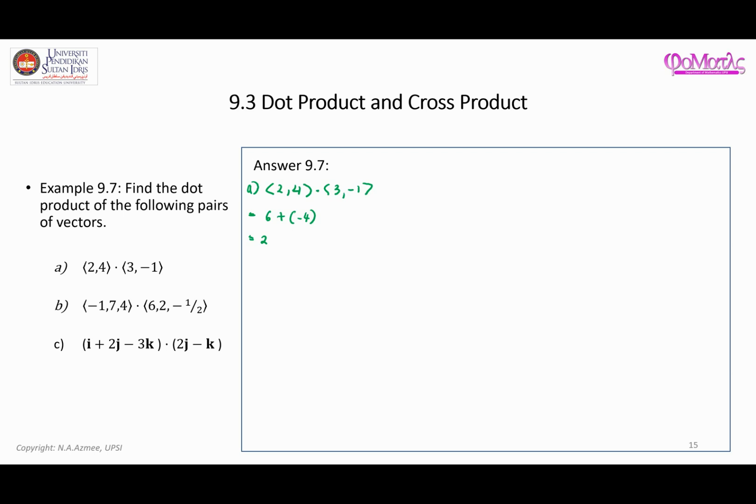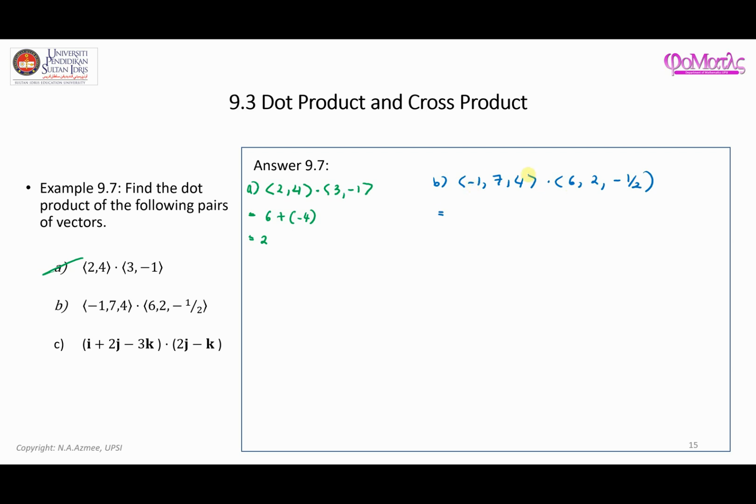Next, these are three-dimensional vectors. For question B, we have the vector (-1, 7, 4) dotted with (6, 2, -1/2).